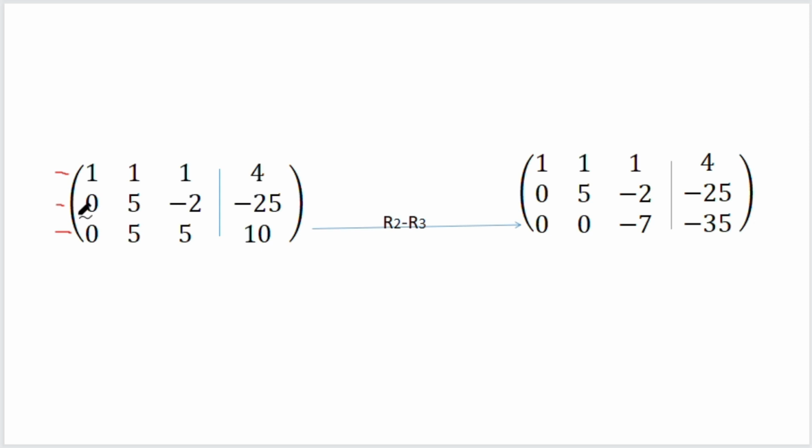So that's what we're doing here: we're taking row 2 for reference, but we're not tampering with its values. Next, we have negative 2 minus 5, which gives negative 7. Then negative 25 minus 10, you get negative 35. So that's why we are having negative 35 in this case.